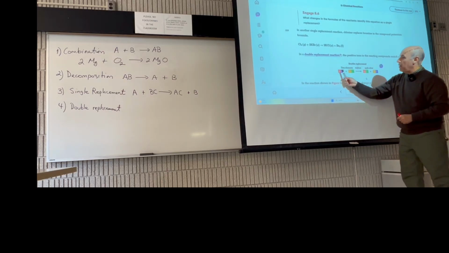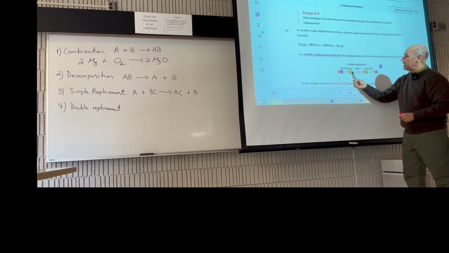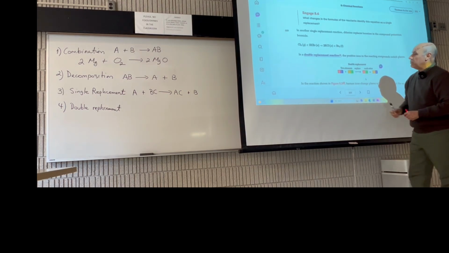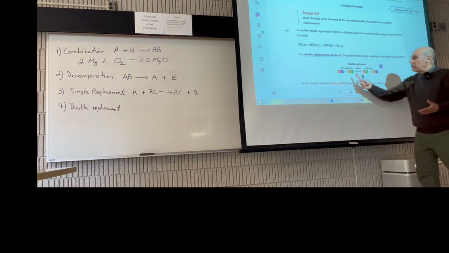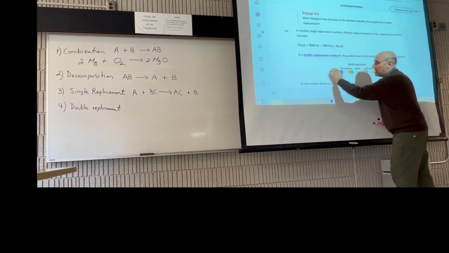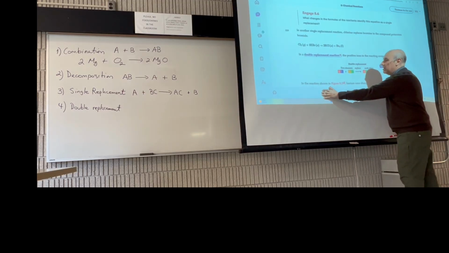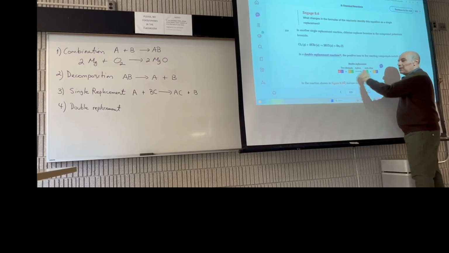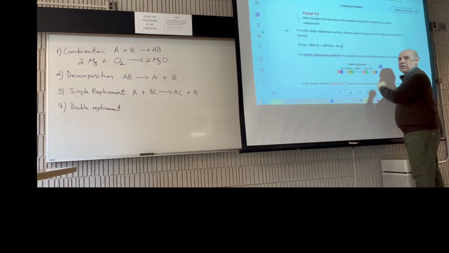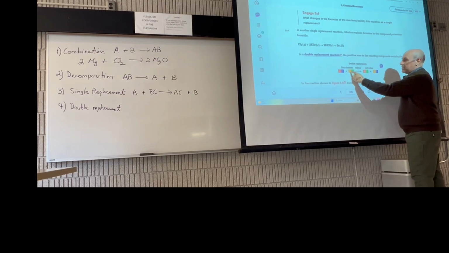So these are metal, non-metal, metal, non-metal. The activity of the metals is going to be what drives this reaction to take place. But your question is very valid. Why is it that this happens? Well, because when this is isolated by itself, it's happy, but when it encounters this chemical, it likes D better than B. And the same happens to C.